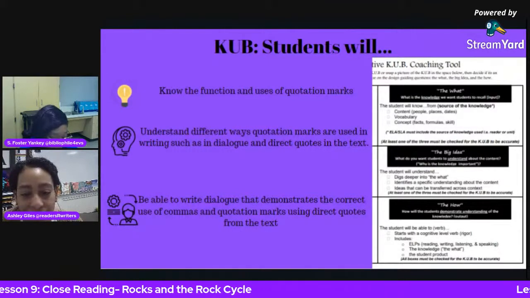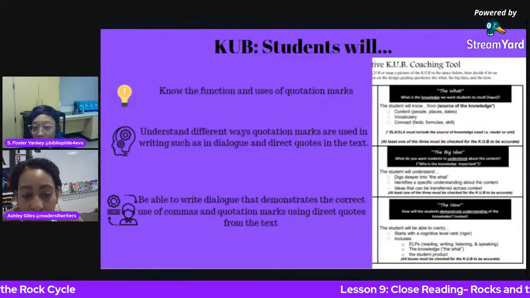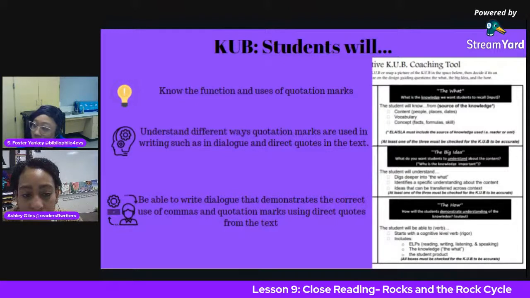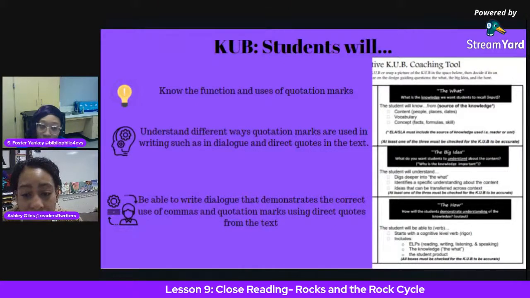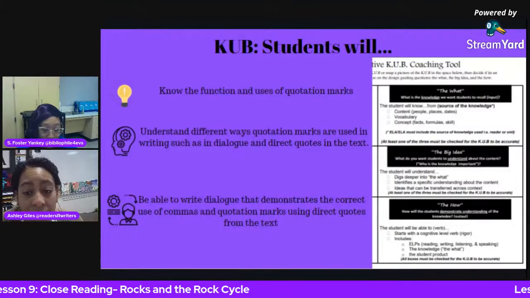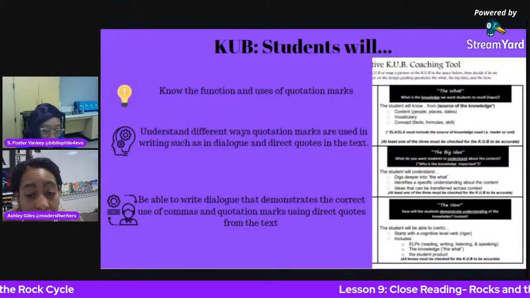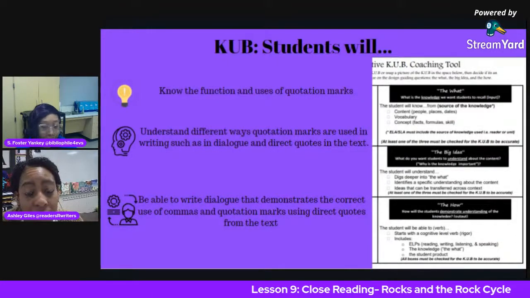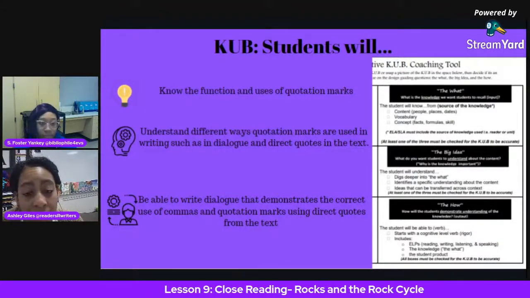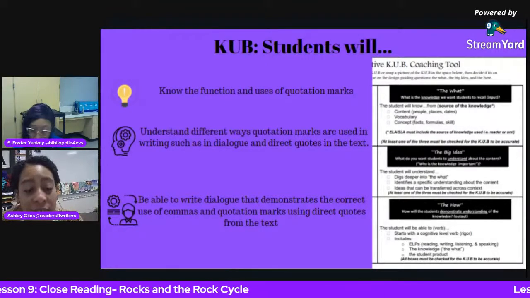I'm trying to remember if it was this lesson or another one where I really struggled, because it talked about two uses for quotation marks, I think. I think it's this one because it's talking about when someone's speaking, and then if it's a direct quote from the text. And so that's why I put dialogue for understand. That's when someone's talking, because in the lesson it talks about when people are talking, and they even reference fiction.